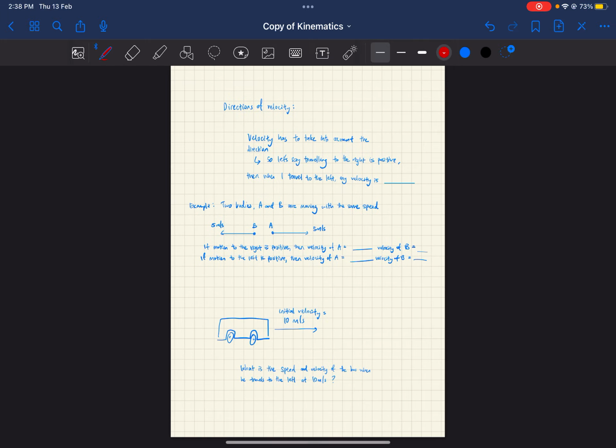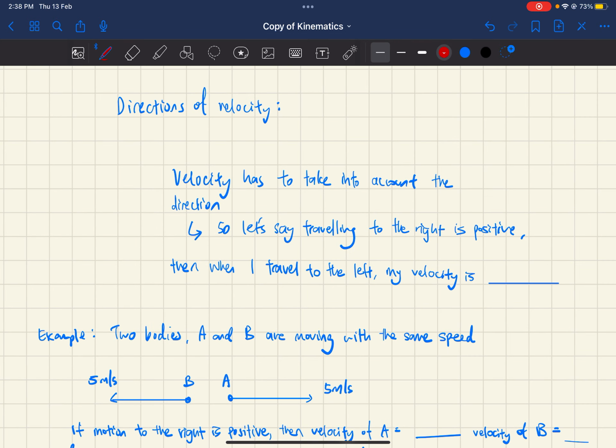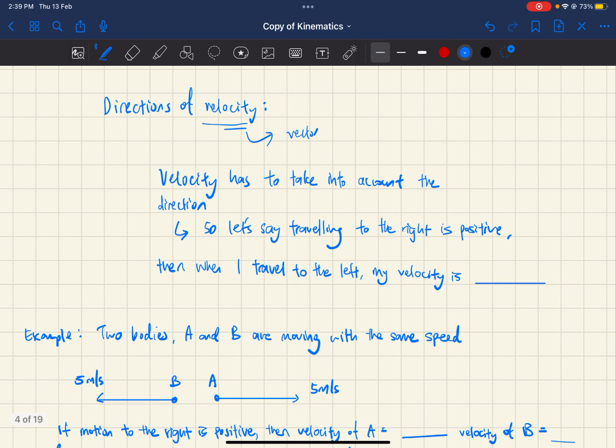So let's move on. As I mentioned earlier, your displacement is a vector. So if velocity is displacement over time, then velocity is a vector quantity as well. So for vector quantities, you will have to make sure that you indicate the direction as well. For your velocity, the way to indicate your direction is by using a positive or negative sign. So let's say if I have plus 10 meters per second of velocity versus minus 10 meters per second of velocity.